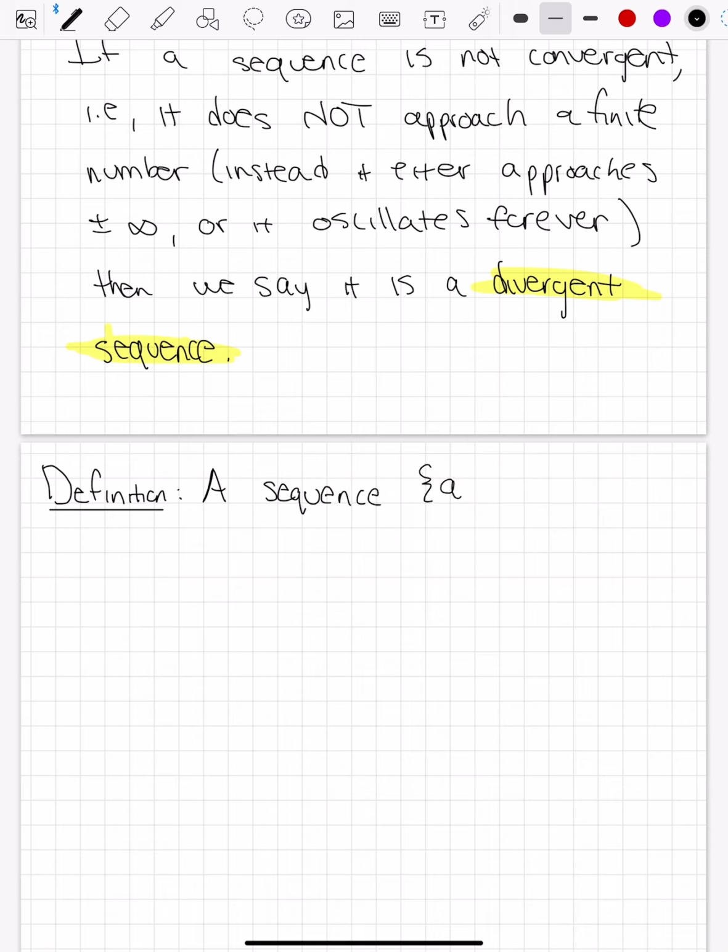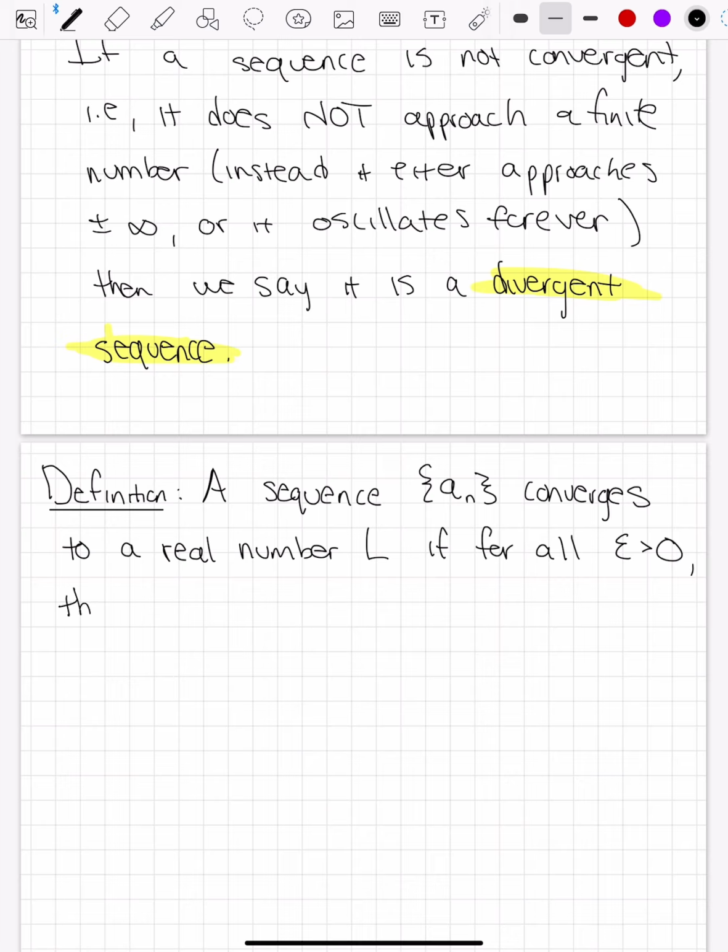So let's say a sequence a_n converges to a real number L if for all epsilon greater than 0, and epsilon is just a Greek letter, it represents some very small number. That's what we always use it for in math, to represent a very small number, close to 0.